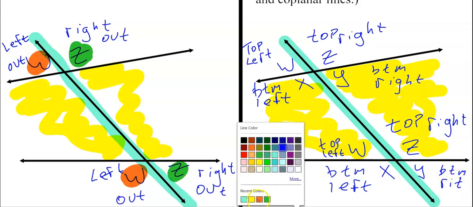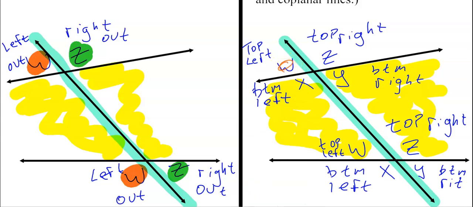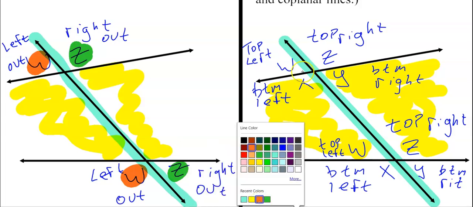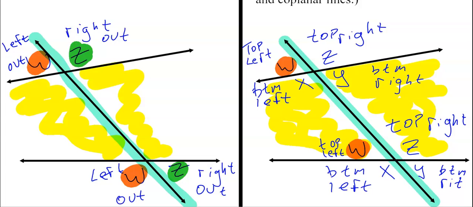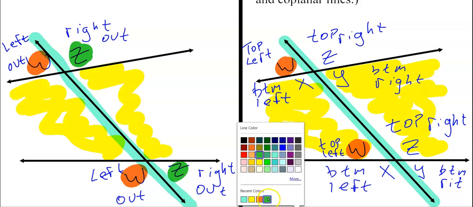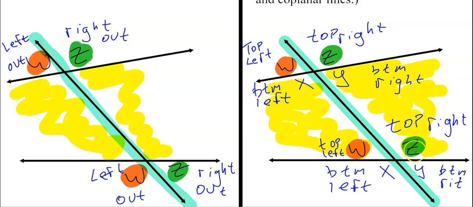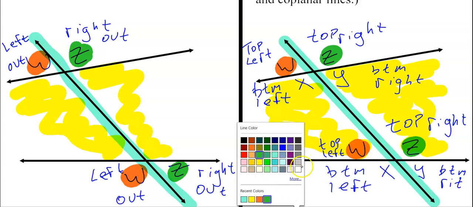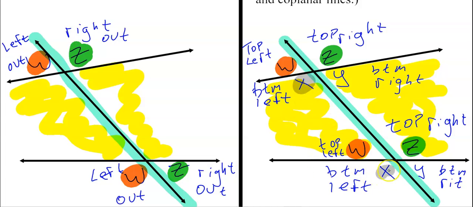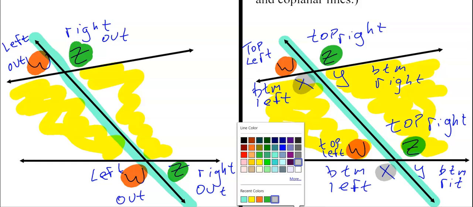And if we help ourselves out with little colors, I think that'll make it a little easier to see. Let's get some highlighters going here. So the W's make corresponding angles. The Z's make corresponding angles. The X's make corresponding angles.